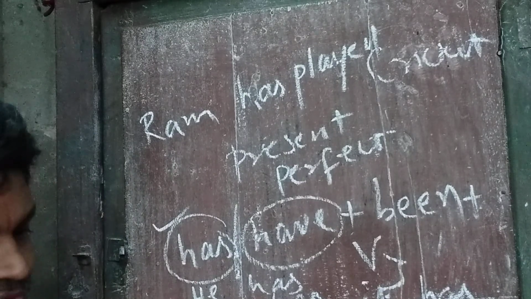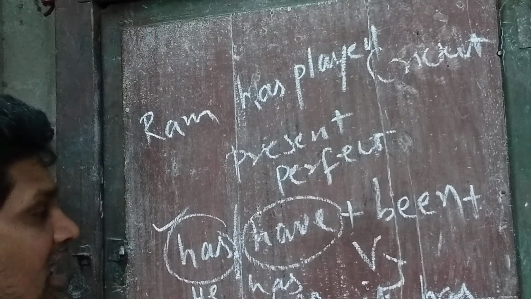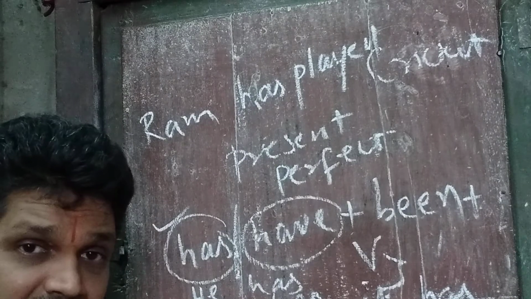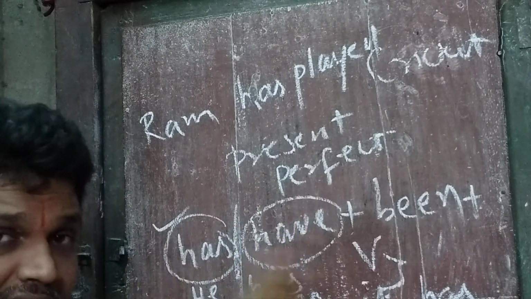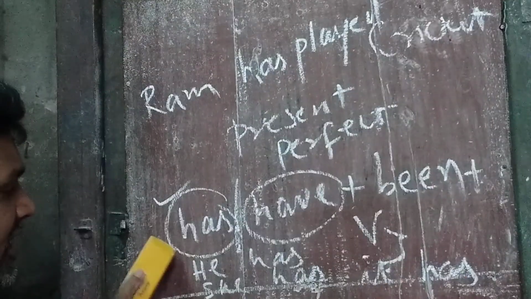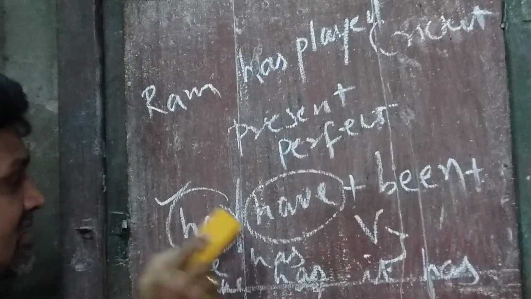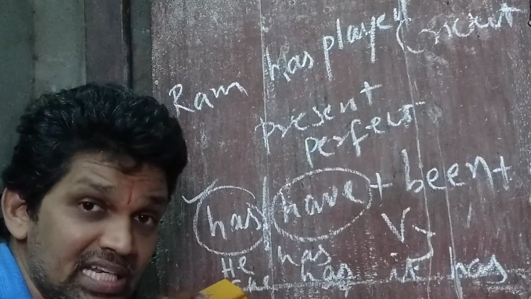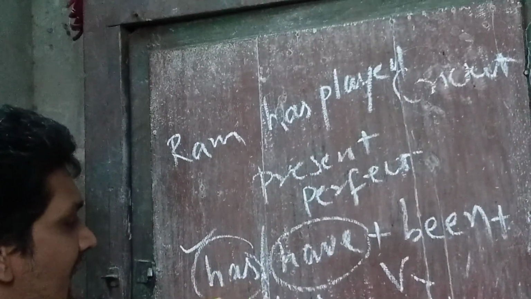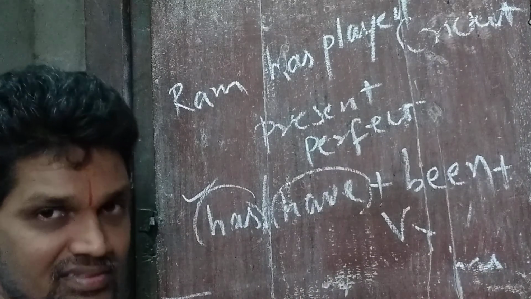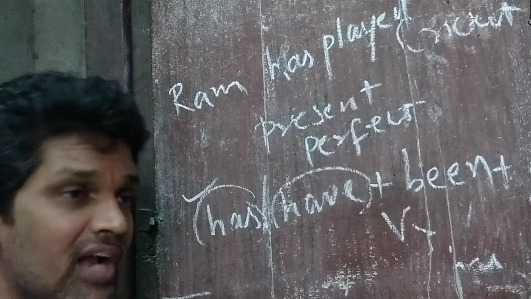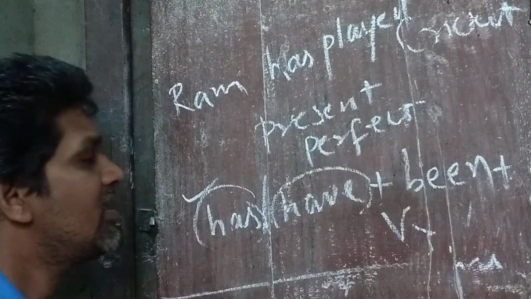For these three forms, we should use has. For remaining, we have, they have. So like that we use have.